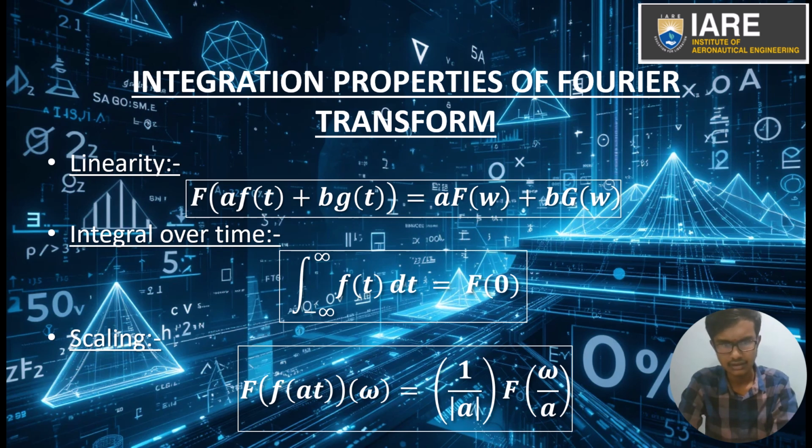And after that, scaling. As we can see, the formula is F of f(at) is equal to 1 by modulus of a into F of omega by a, which means that stretching or compressing a signal in time affects its frequency content, because stretching in time compresses the frequency spectrum and compressing in time stretches the frequency spectrum.